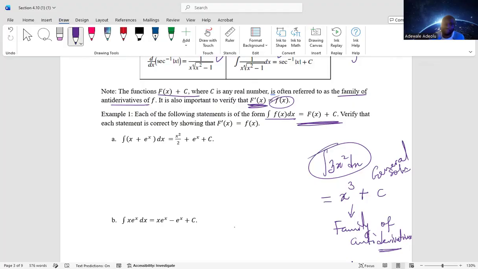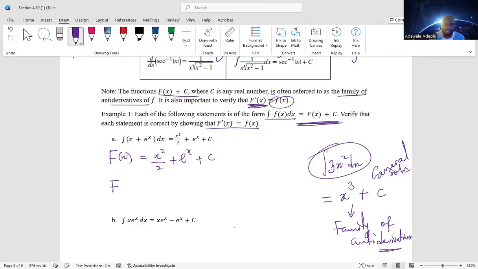That is done by checking whether, when you take the derivative of the antiderivative, it gives us the integrand. Let us try that. Let us say our f of x is x squared over 2 plus e to the x plus c.